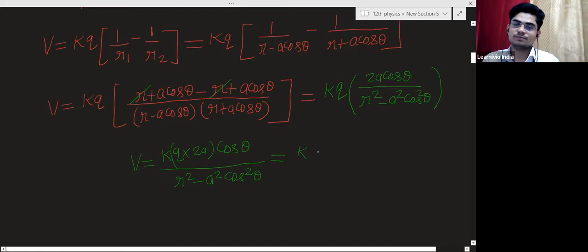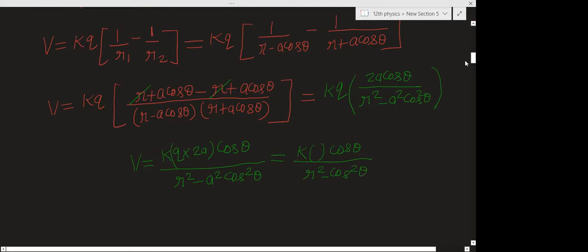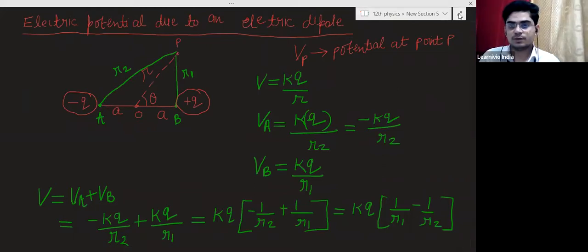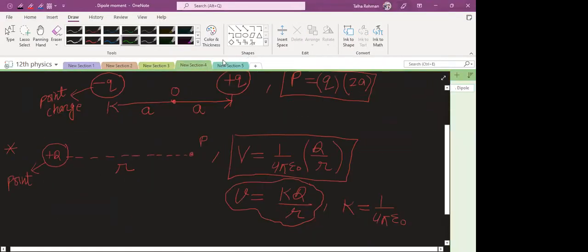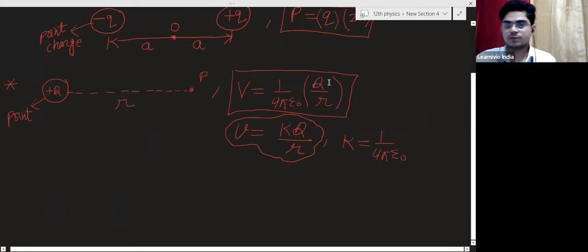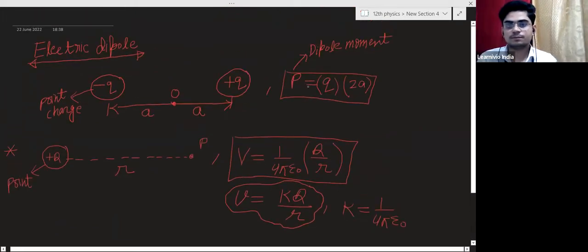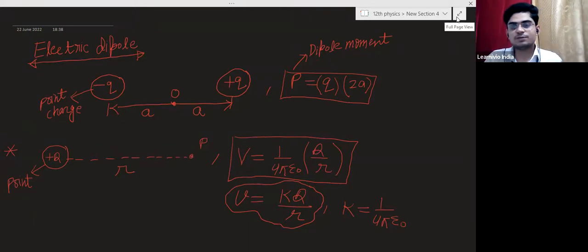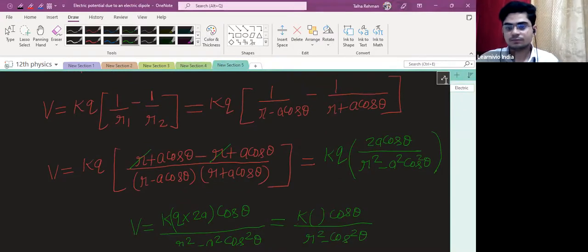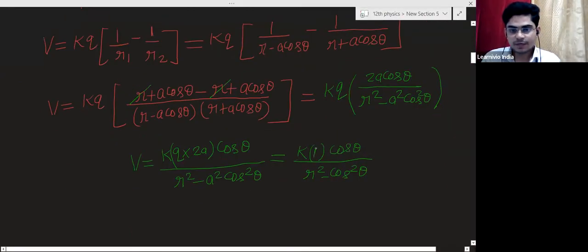Can anyone tell me? Potential. Q into 2A, I have told you earlier, is P. This P was Q into 2A. I have told you that I will use this. So we will write here Kp.